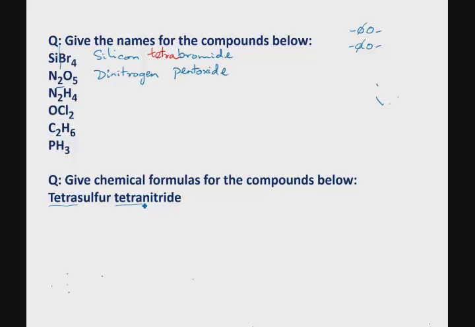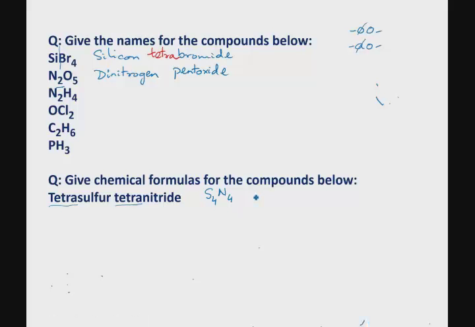So as soon as you see the prefixes, it's a hint that this is not ionic, this is not an acid, it's a simple molecular compound. And then you just follow what the name says. It says tetrasulfur, meaning there are 4 sulfurs, and tetranitride. In other words, 4 nitrogen atoms in one molecule, and you're done.